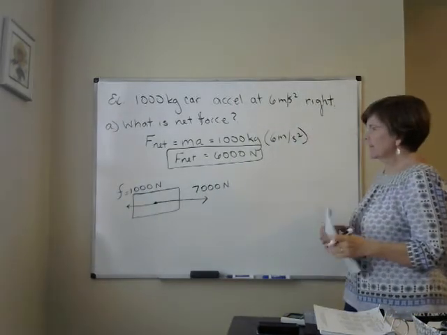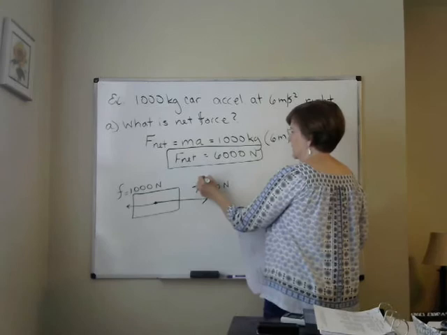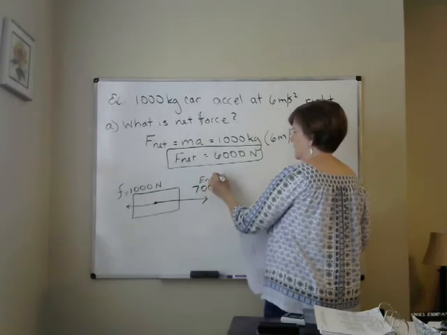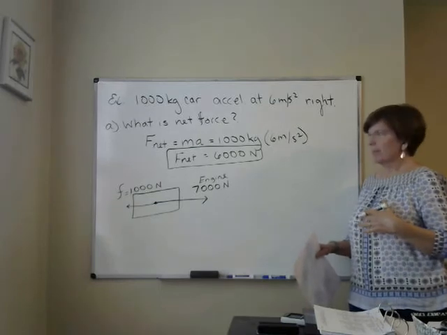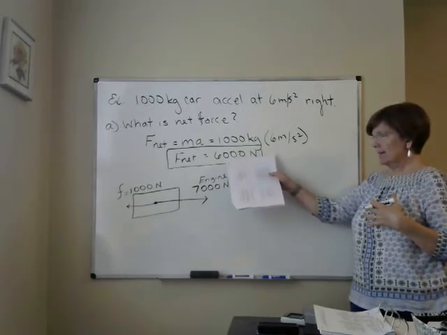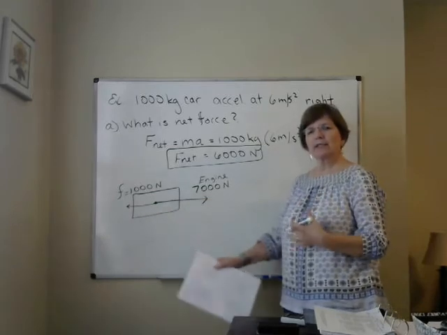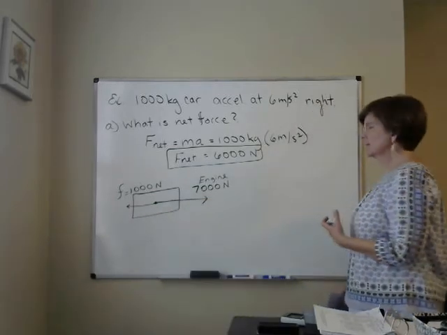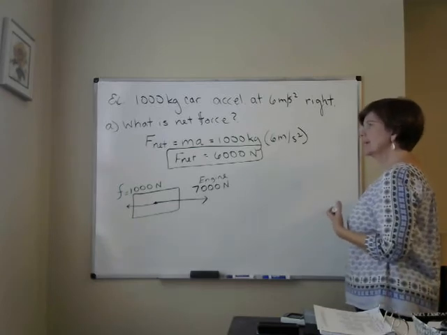If I have a push from the engine of 7,000 newtons to the right, but my net force needs to be 6,000 newtons, then friction must be pushing 1,000 newtons to the left. We just had to kind of fill in the blank of what would make sense.